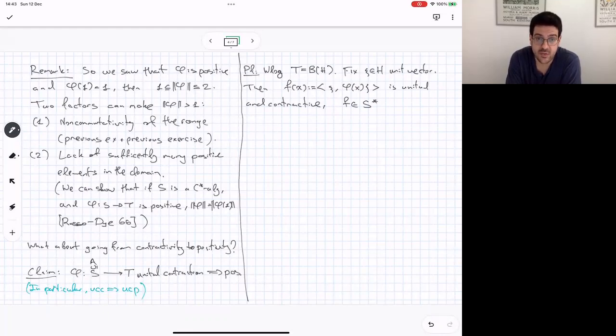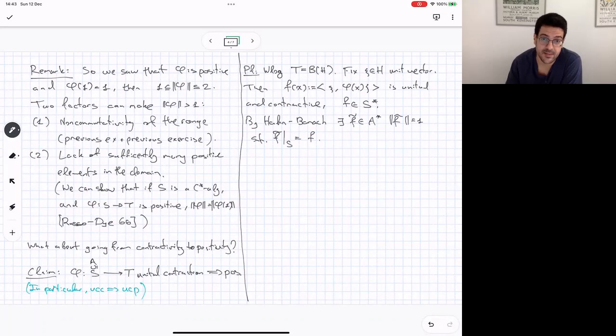That we can extend this to a linear functional over A, the C star algebra. There exists F twiddle in A star. F twiddle also has norm 1. It will also be unital because it's an extension, right? Such that F twiddle restricted to S is f.